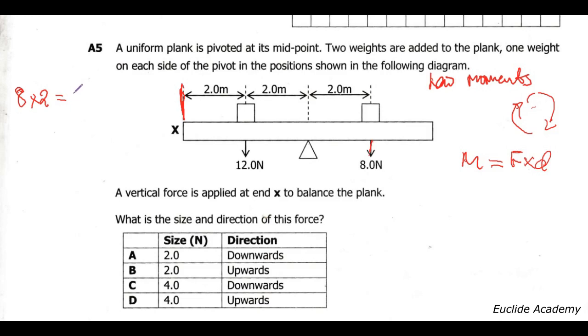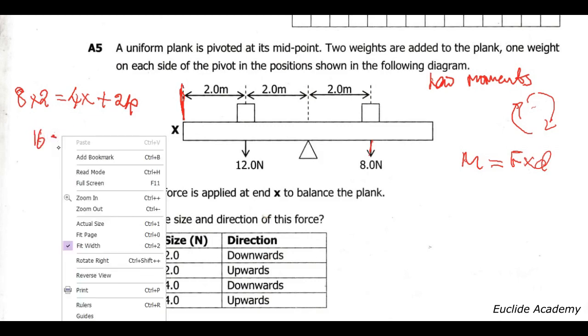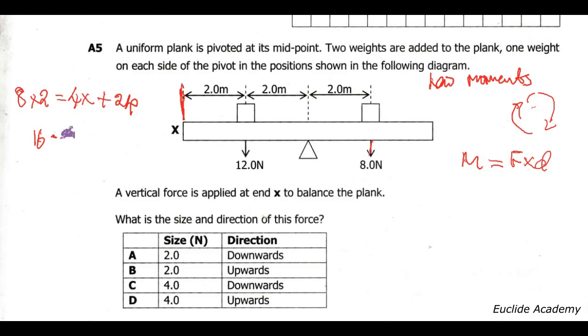So it will be 4x, plus the other moment we have, which is 12 times the distance to the pivot, 2, which is 24. So here you've got 8 times 2, which gives us 16. So 16 is equal to 4x plus 24.